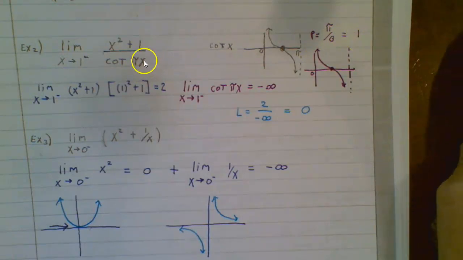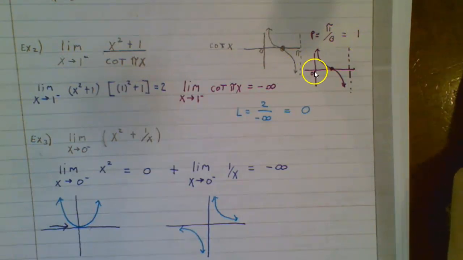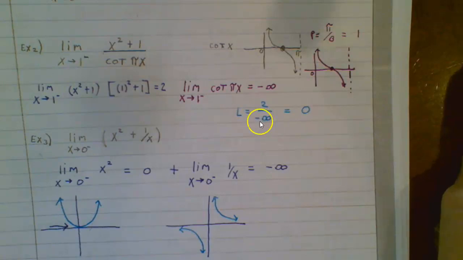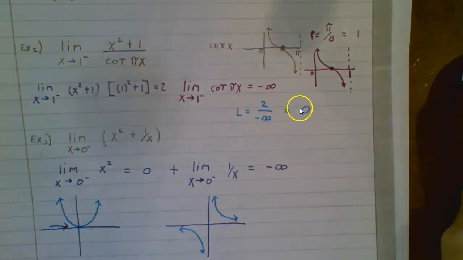And so I know for this particular graph, the period is going to go from 0 to 1, just based on that statement right there. And so if I understand just what that graph looks like, I can see as I approach 1 from the left, I'm approaching negative infinity, right? And so this is what we're getting for the limit of the denominator. And so overall, if the denominator is approaching negative infinity, my limit must be approaching 0.